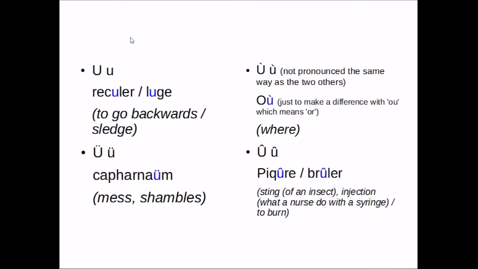So we have it in the word reculer, or the word luge, or the word piqûre, and the word brûler. So you see that this U and this U are pronounced the same way.